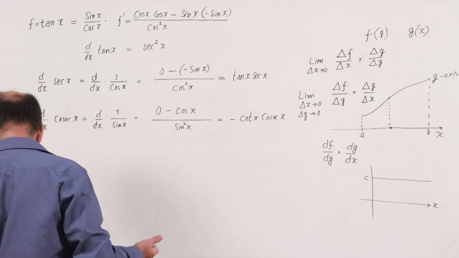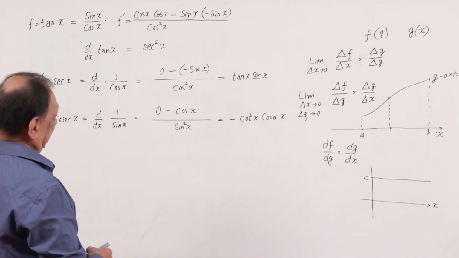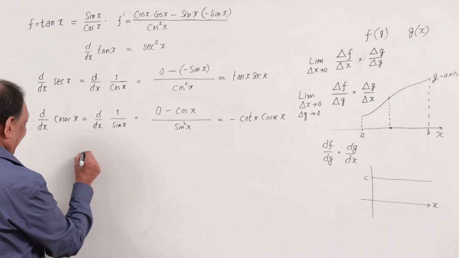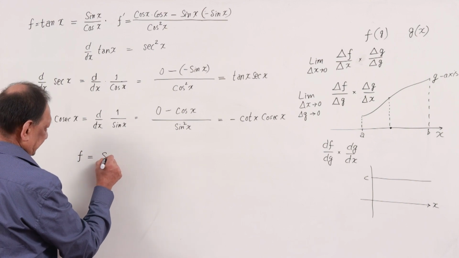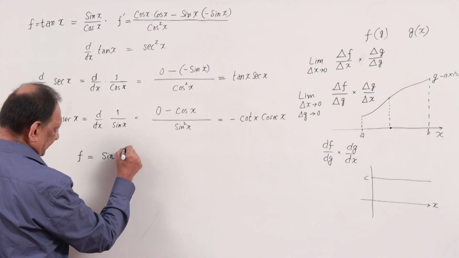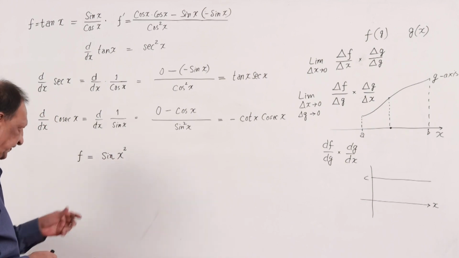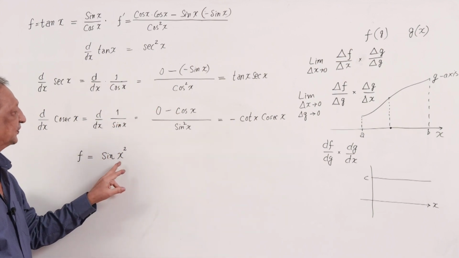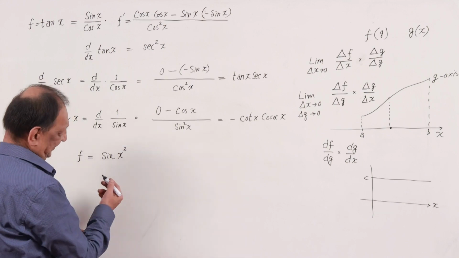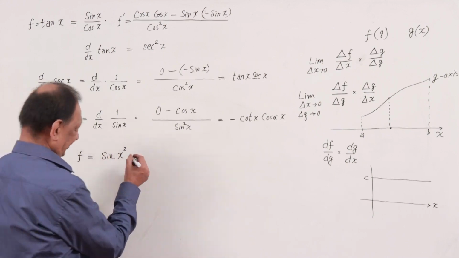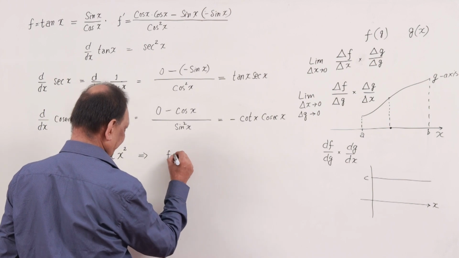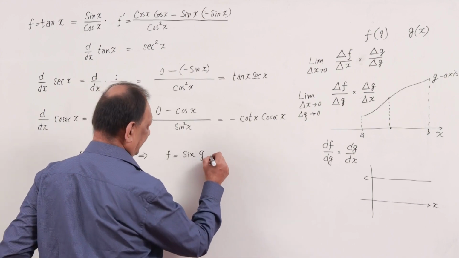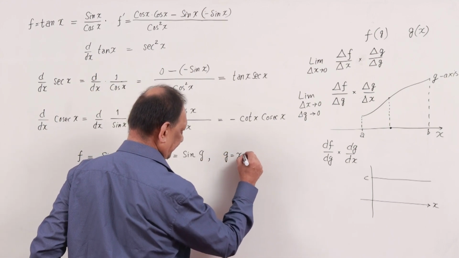We can look at a couple of small examples to prove that. Let us say I have a function f which is sine x squared. Sine of something is a function, and that something itself is a function of x. So g is x squared, and I can write f is equal to sine g and g equals x squared. That means f is a sine of some variable g, where g is x squared.